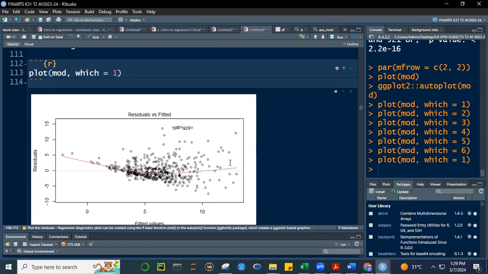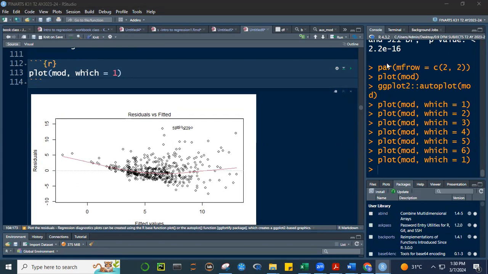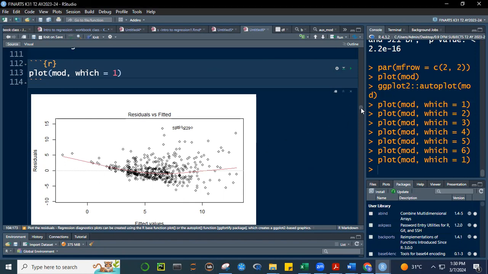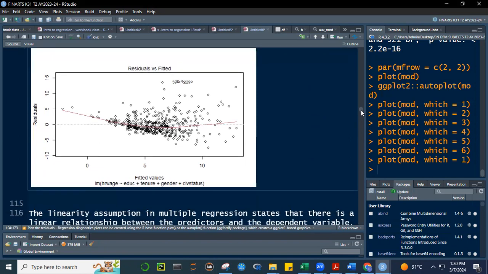Okay, so you can see, class, the line, and ideally dapat yung red line na yan dapat horizontal. So it's following the trend of your residuals, no? Okay, but in this case, you can see that the red line does not display a horizontal line.